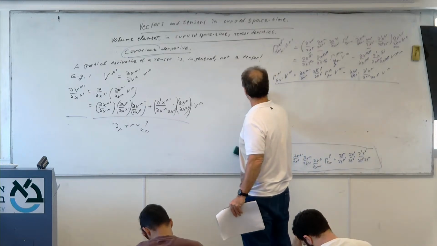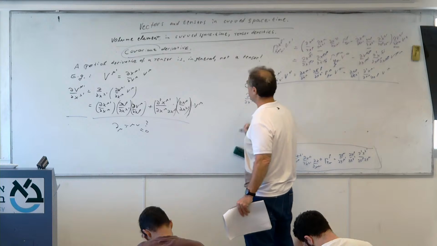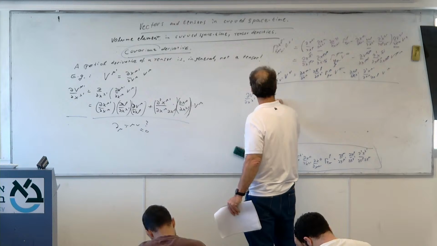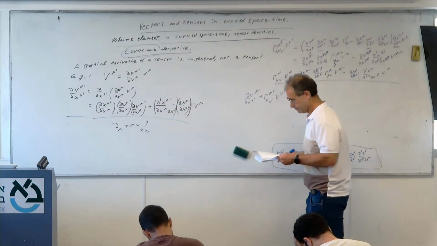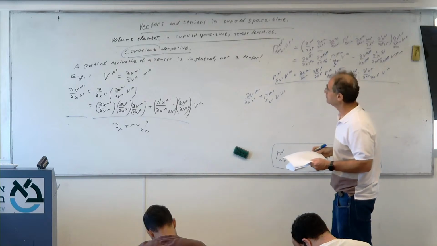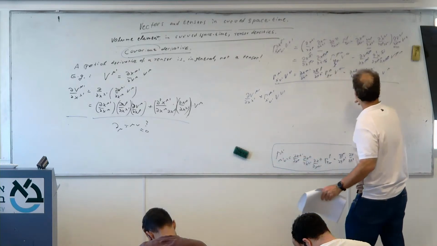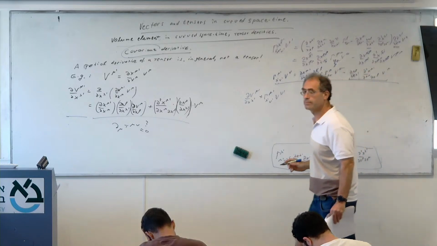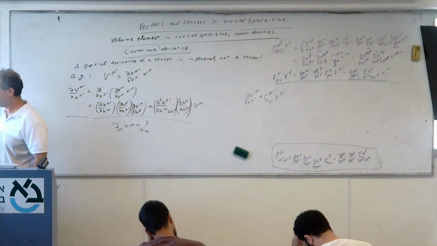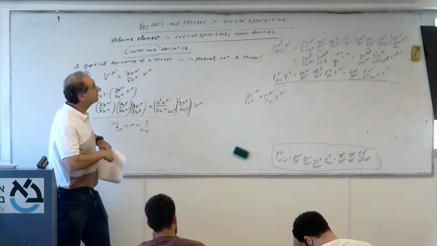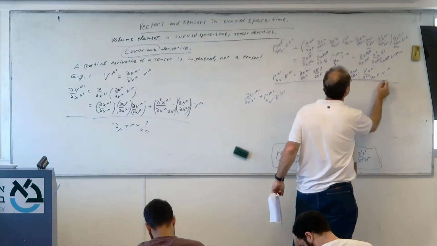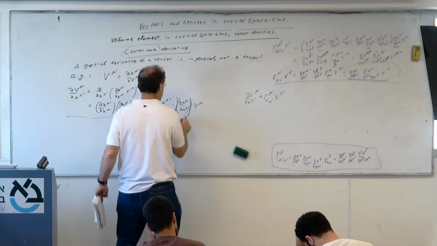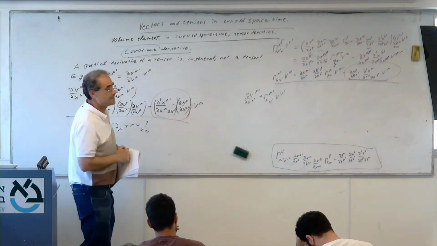So dv mu prime over dx lambda prime plus gamma mu prime lambda prime mu prime v mu prime. The reason why I did that is that this second term here is exactly this term here, including the v.